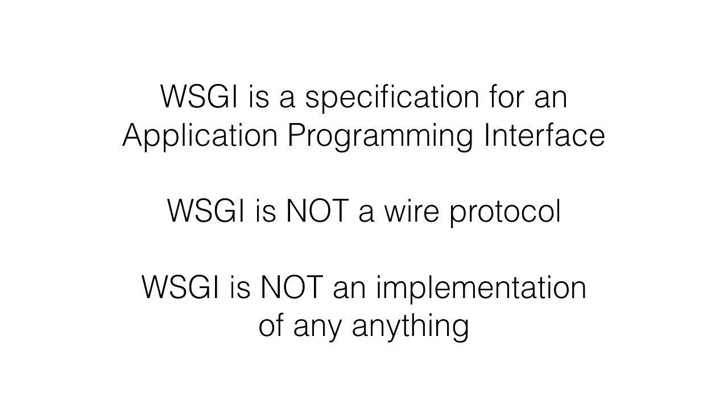WSGI is not that. It is an application programming interface. WSGI is also not an implementation of anything. It is a spec only. People will say, oh, I'm running my Python web application on WSGI. Okay, good. Which server are you using? It is a specification.